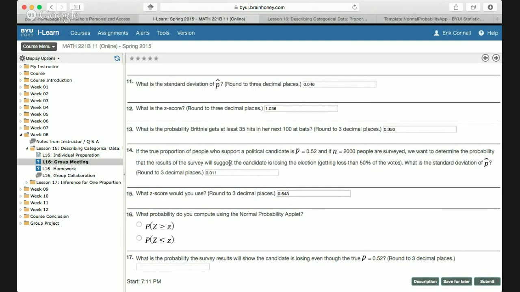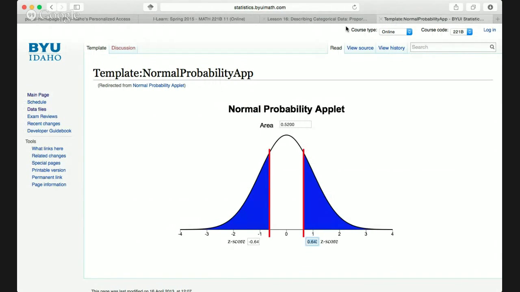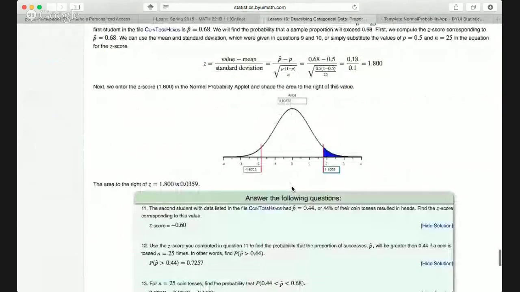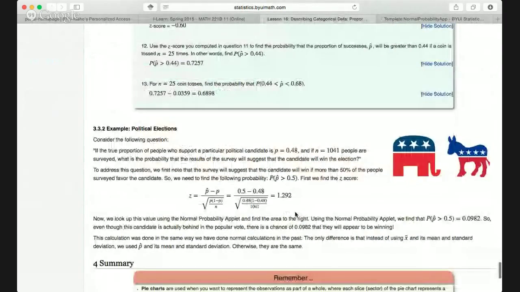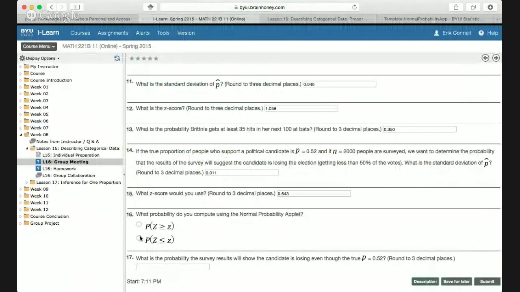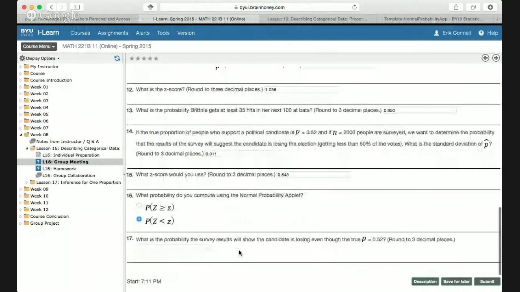Is it more or less than? Well, it's asking us getting less than 50% of the votes, so wouldn't it be less than or equal to? That's what I would think. I don't think it makes sense to say greater than or equal to. Yeah, z is less than or equal to little z.